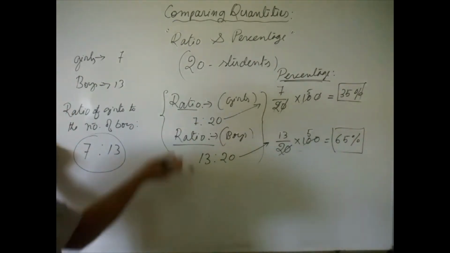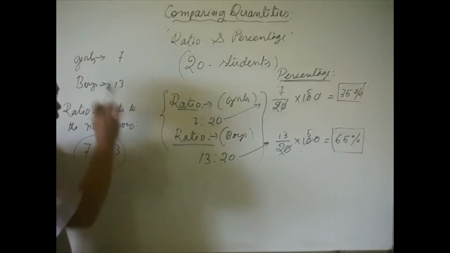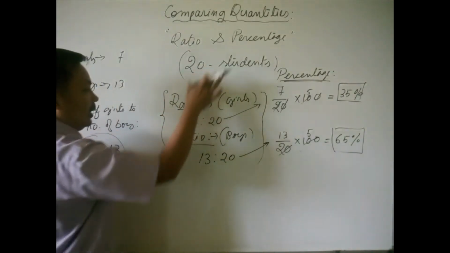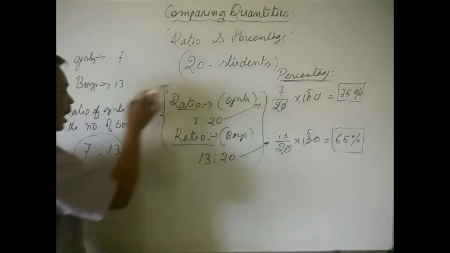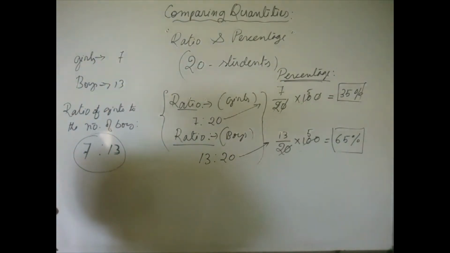Okay, clear? But in terms of ratio, as per the questions, for example, if you are asked to find the ratio of the girls to the total number of students, then it is 7 is to 20. If you are asked to find the ratio of the girls to the number of boys, then it is 7 is to 13. From here also, see, 7 and 13, what are all the parts of the whole?